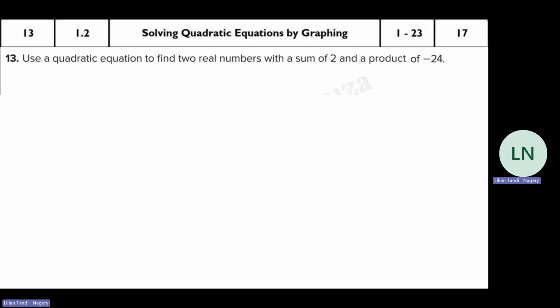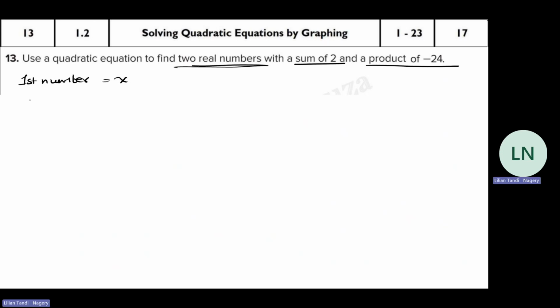All right. Use a quadratic equation to find two real numbers with a sum of 2 and a product of -24. Okay, so my first number is x.